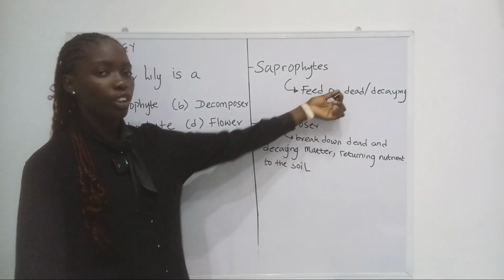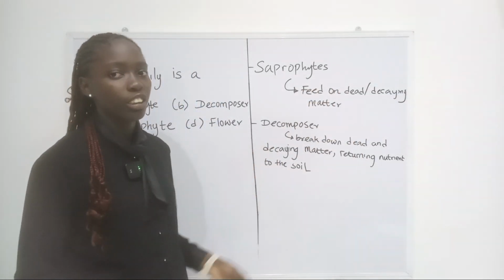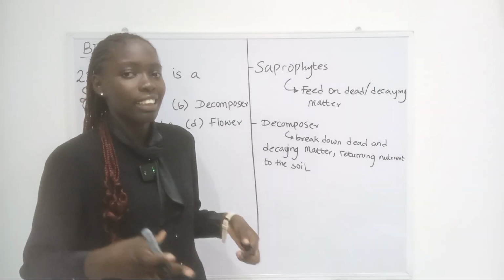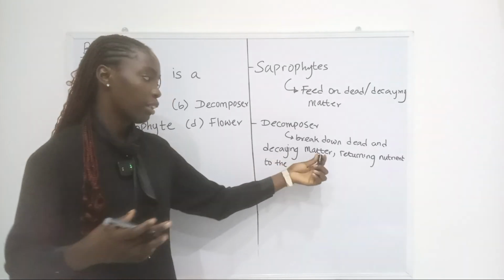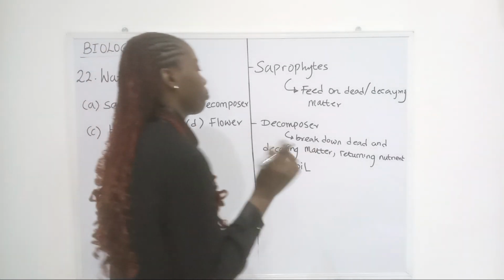So this one, they feed on the dead and decaying matter. This one, they are the cause of the breaking down of those dead and decaying matter. They break them down and the nutrients from those dead and decaying matter will return to the soil.